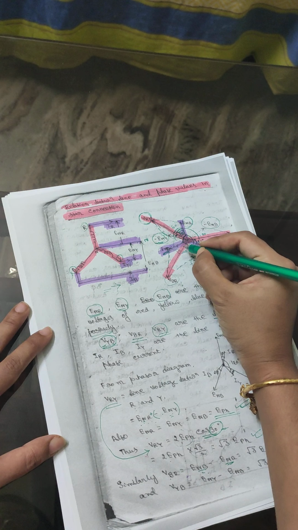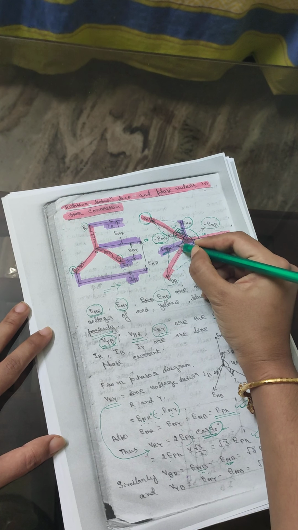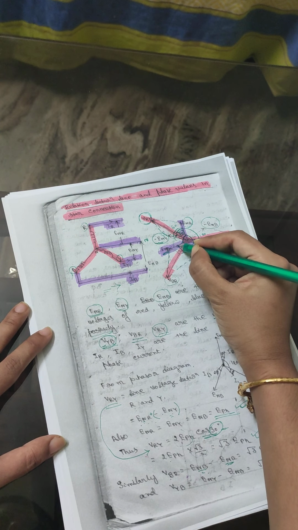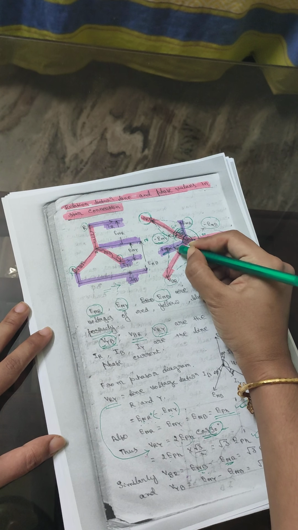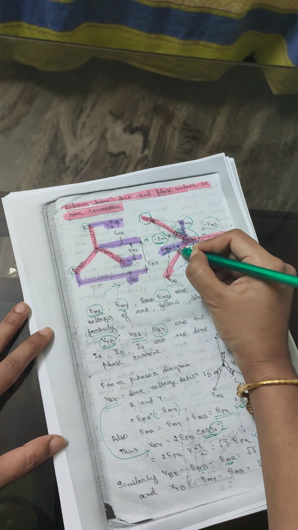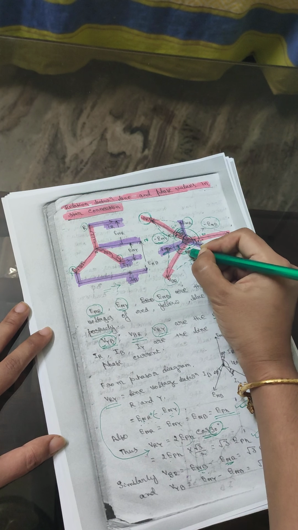Why cos 30? That angle is 30 degree and this angle is 30 degree. Total angle is 60. That's why this angle is 30 degree and that angle is 30 degree also. Same thing, like that, if you solve, it becomes √3 E phase.